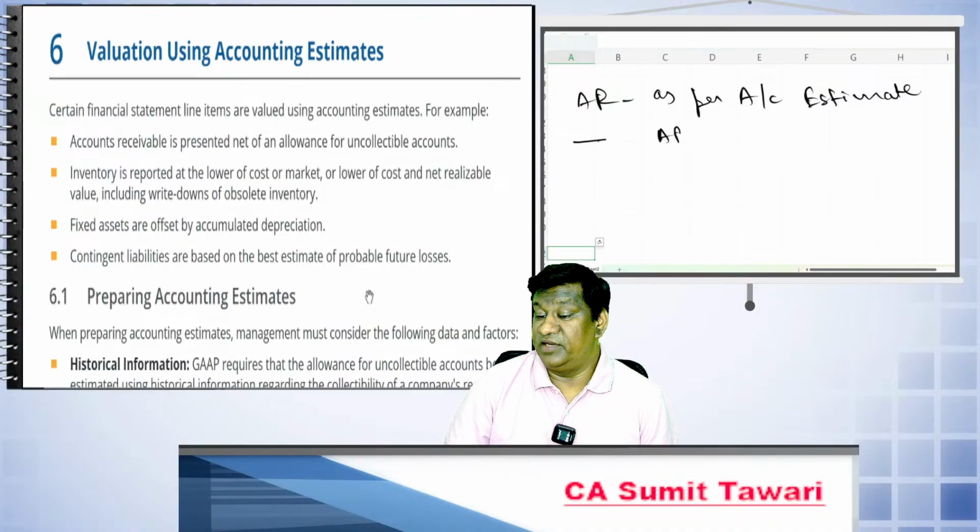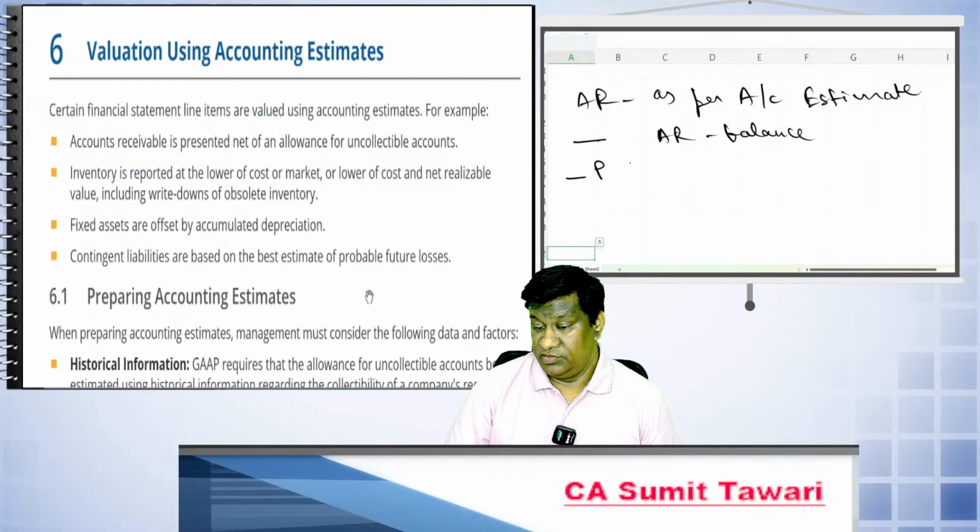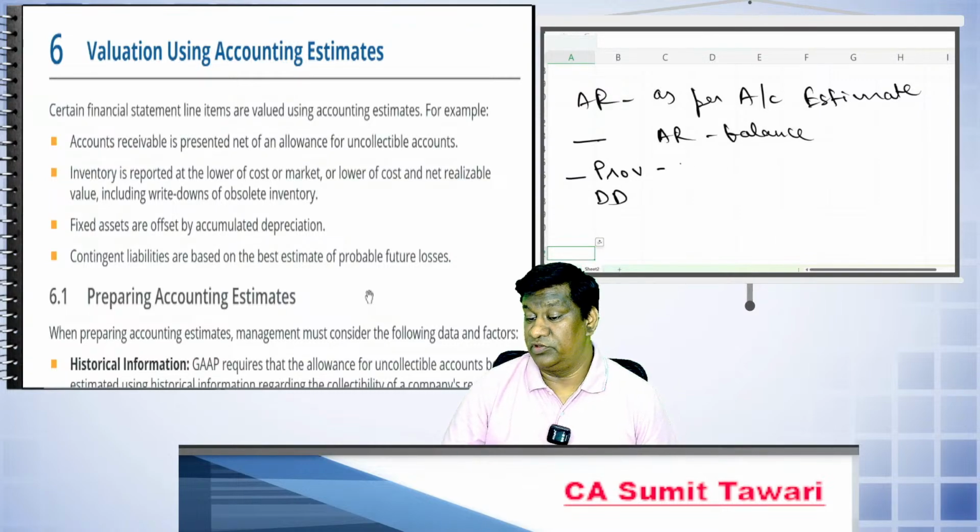Whatever may be the AR balances, we are not aware whether the entire amount is receivable or whether we can recover it. That's why we generally make a provision for doubtful debt, and that we reduce here. So this provision for doubtful debt is basically the estimate.